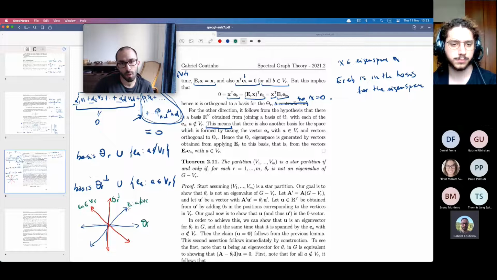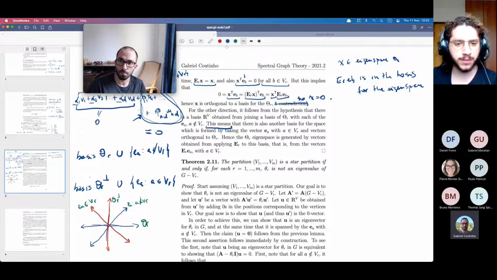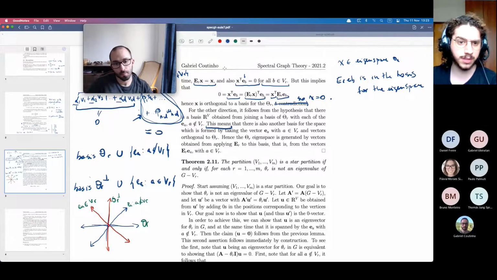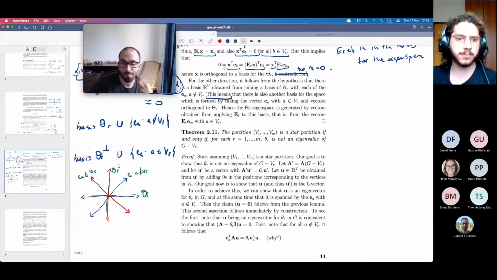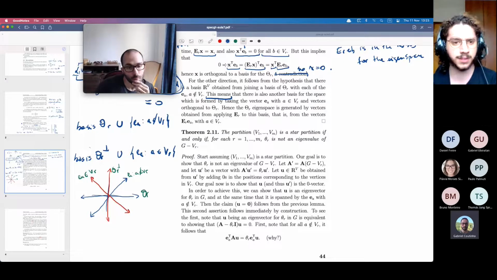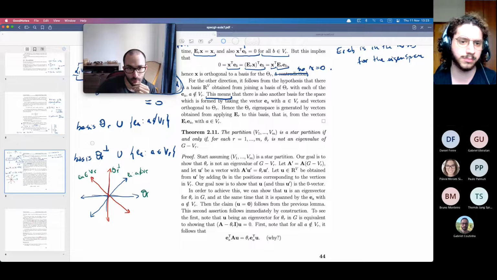But why do I keep the zero intersection? Not orthogonality, but zero intersection. If you have a vector at the intersection, then you pick this vector and you multiply by a vector in theta r.